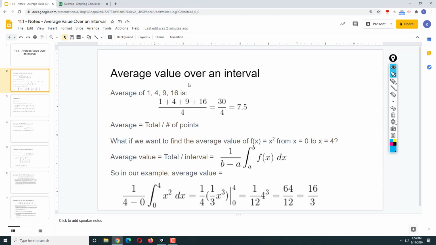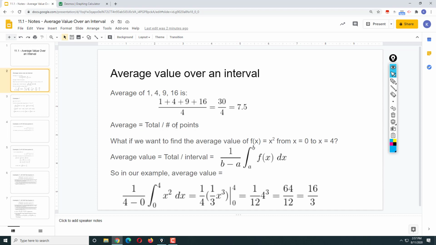We're integrating x squared from 0 to 4. We're going to have to divide. Instead of dividing by 4 points, we have to divide by our interval, which in this case is from 0 to 4, which is 1 over 4 minus 0.